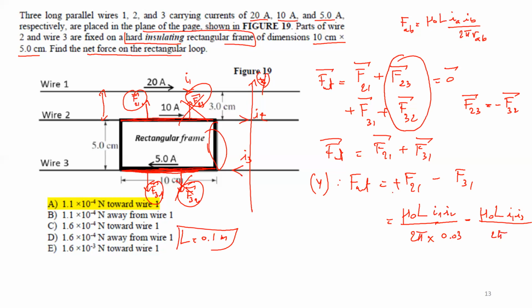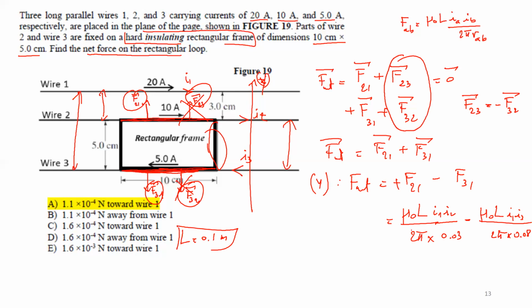The distance between these two is 5 centimeters, right? No, I'm looking at between 1 and 3, right? So be careful. I'm looking at the distance between 1 and 3, which is this. So 8 centimeters, okay? 5 centimeters plus 3 centimeters, so 8 centimeters. So 0.08.